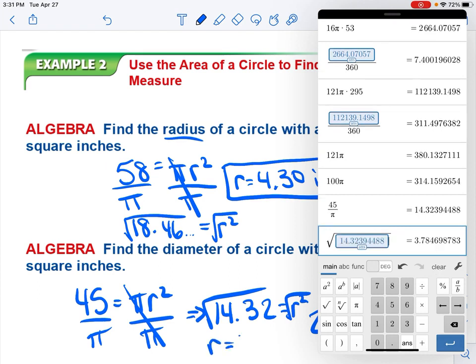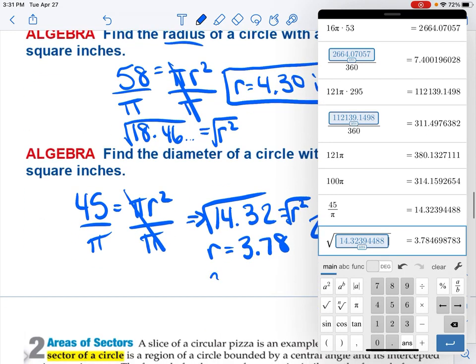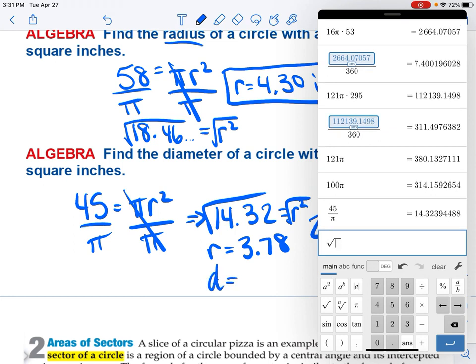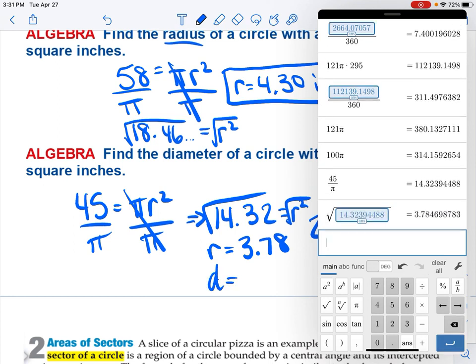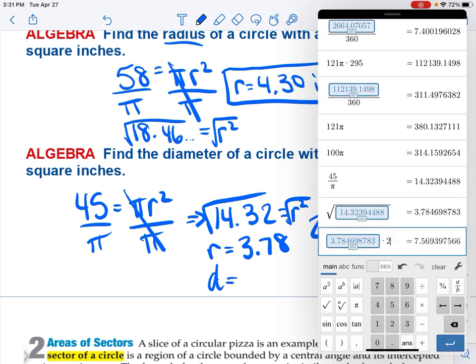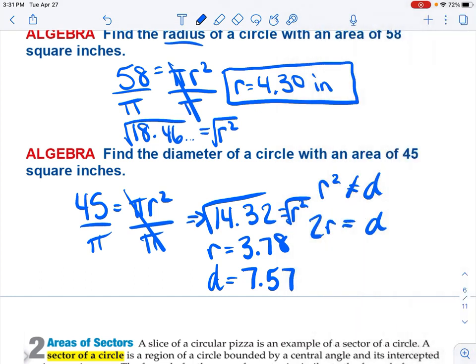We got our radius is 3.78, but we want the diameter. So we just multiply our answer by 2, and we get 7.57 inches for our diameter. Okay?